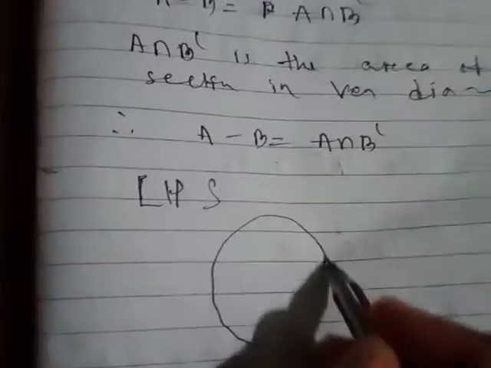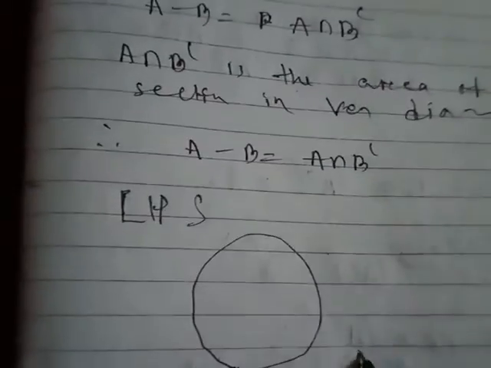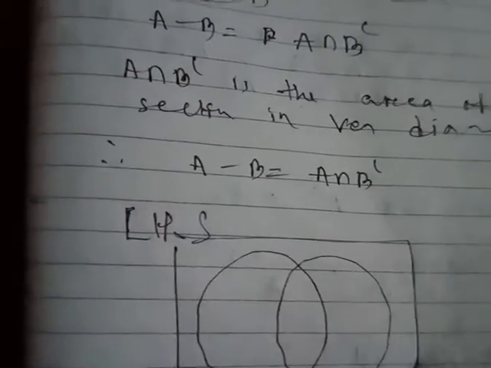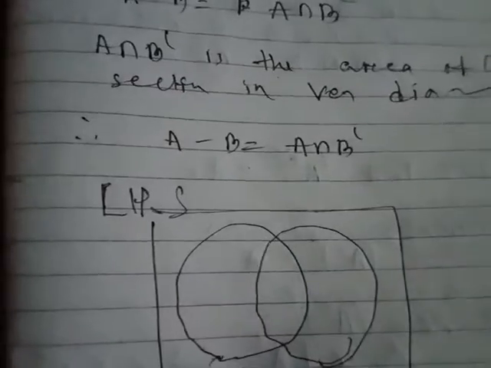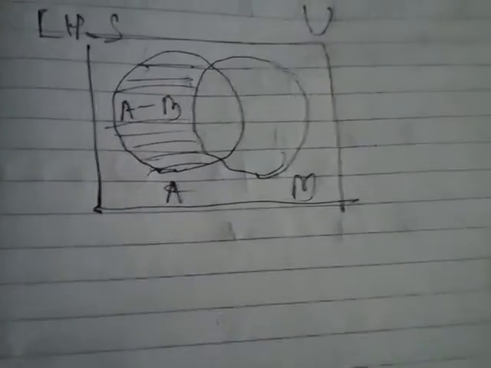This is the set A. This is the set B. This is the universal set. Set A, set B, this is the universal set, and this is A difference B. A difference B is the LHS, and the shaded region is A difference B.